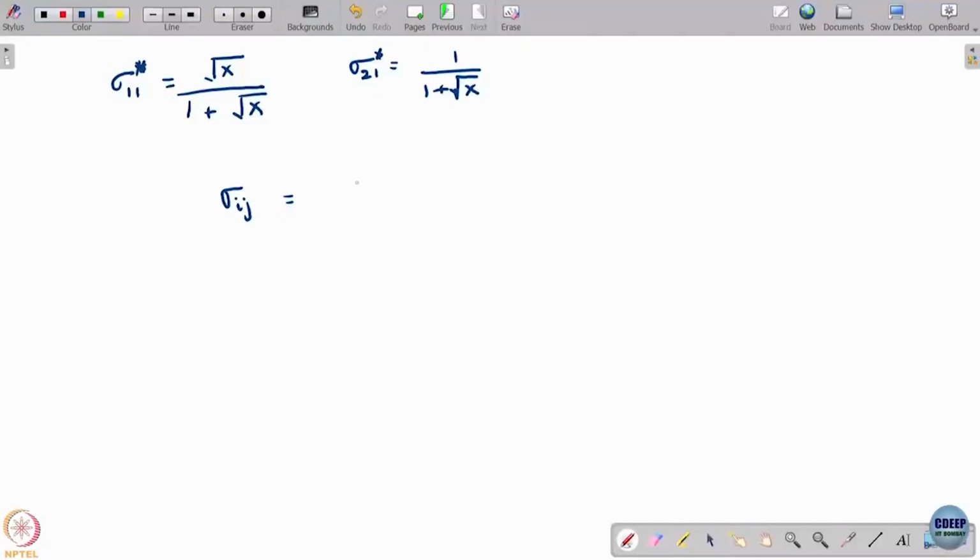For instance, you can ask for something like this: sigma ij equal to Vij raised to lambda divided by summation over j dash of Vij dash raised to lambda, where lambda is greater than or equal to 0 and is a parameter.